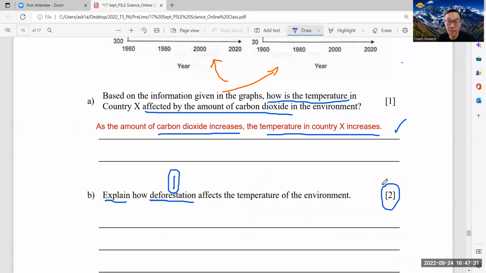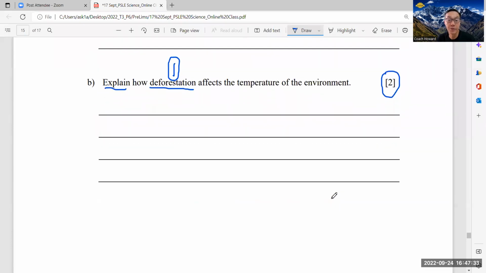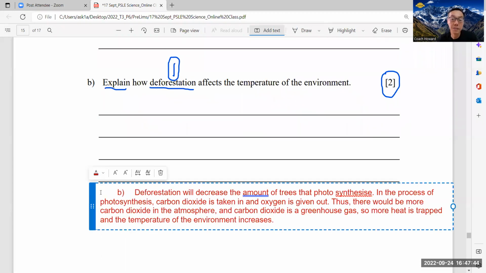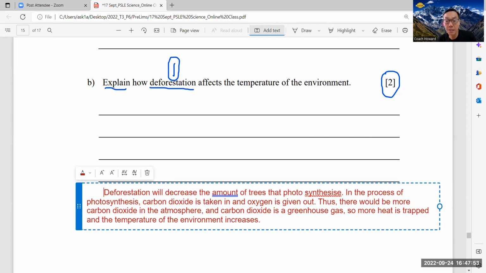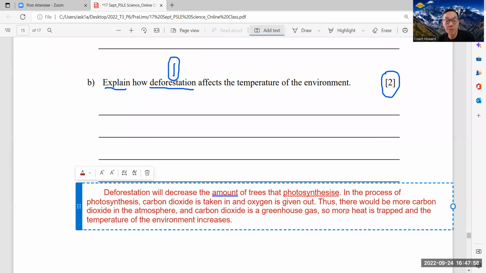A detailed answer is required, so I will paste the answer here and explain it with you so you can follow my explanation systematically. I paste the answer here. Let me explain. Deforestation will decrease the amount of trees that photosynthesize. In the process of photosynthesis, carbon dioxide is taken in and oxygen is given out.